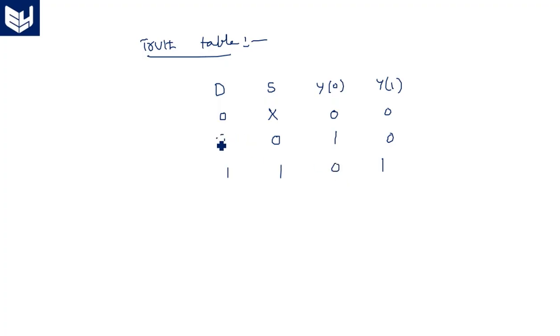So the data D will be going to the corresponding location which is selected. S is equal to 0 means 0th location is selected. If S is equal to 1 means first location is selected. That's why our data will be going to that first location. Hope you understand. 0th location, first location, second location are nothing but Y0, Y1, Y2 like that.